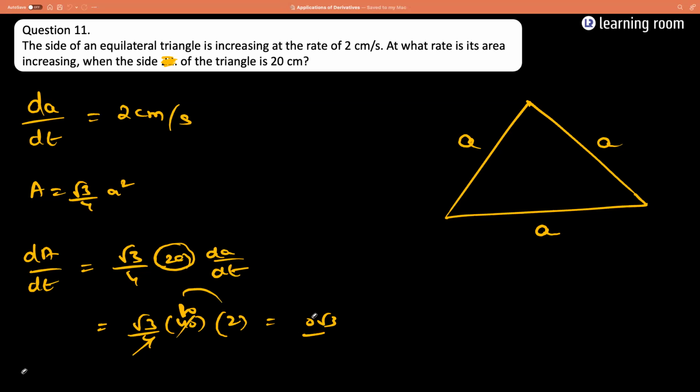So Bridget, is it not 20 root 3? Yes, sir. It's 20 root 3. So 20 root 3 centimeters square per second. Did you take the area as root 3 by 4 or root 3 by 2?